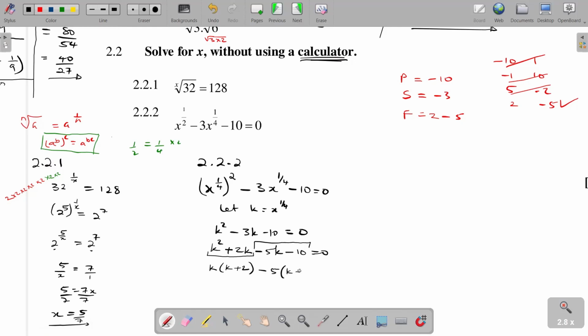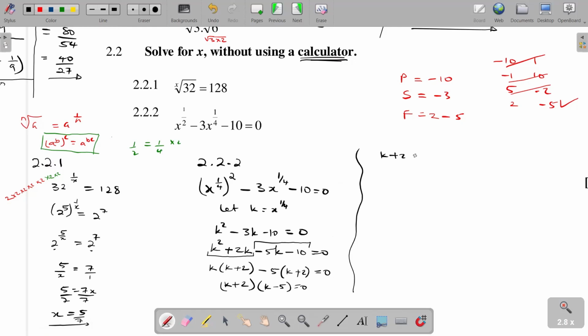We are left with k plus 2 equal to 0, for the repeated factor. Then the other factor is k minus 5 equal to 0. Take note, when we have factors being equated to 0, each factor is equal to 0.